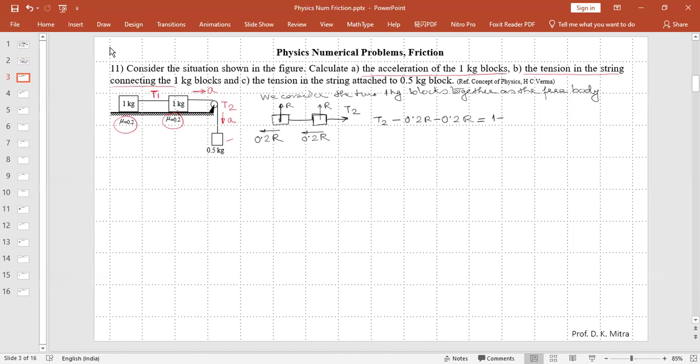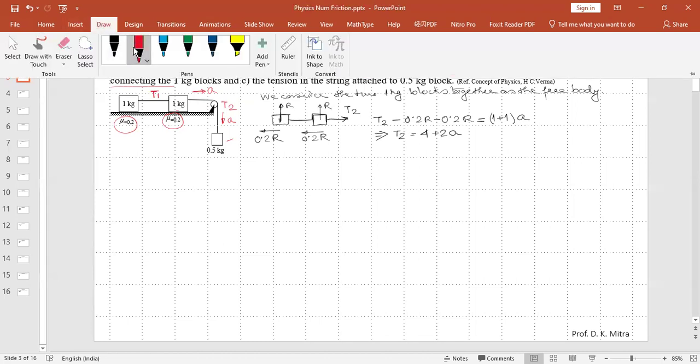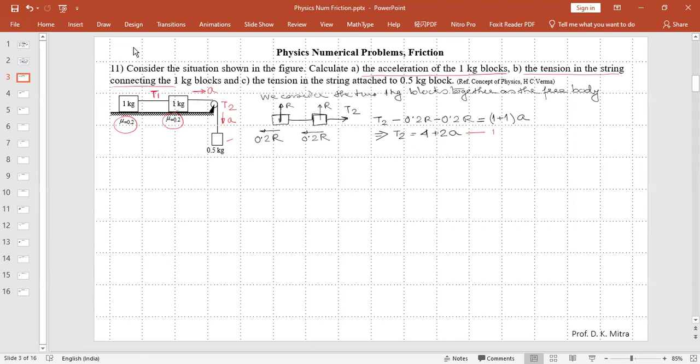Their mass is 1 kg plus 1 kg multiplied by their acceleration A. We should solve this equation. It's very easy. You can do it at home. We can preserve this as equation 1.